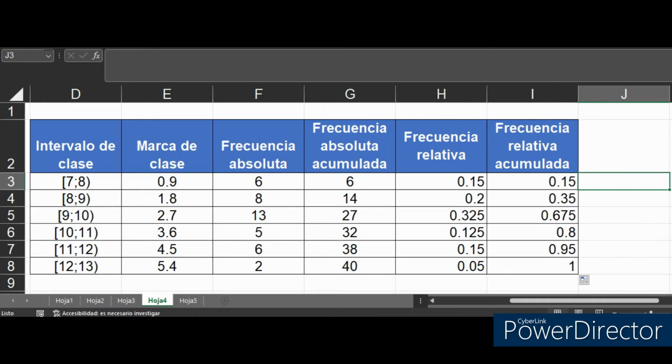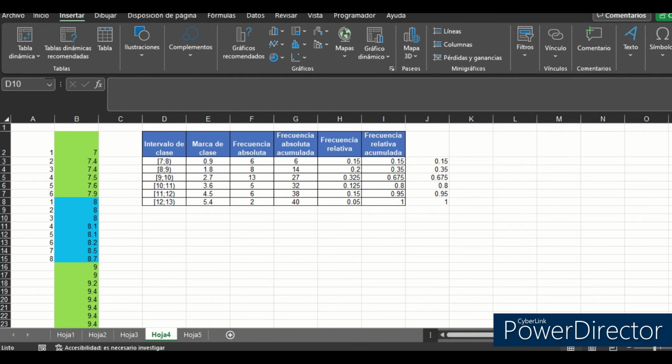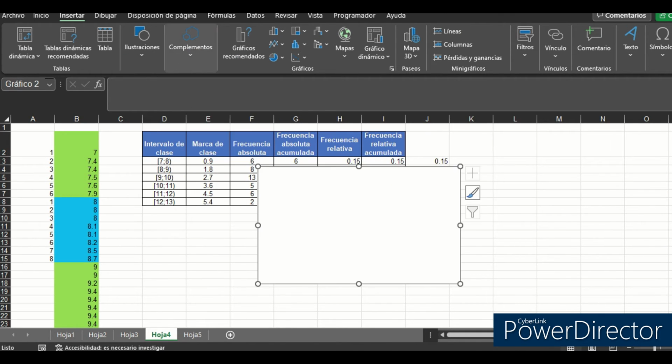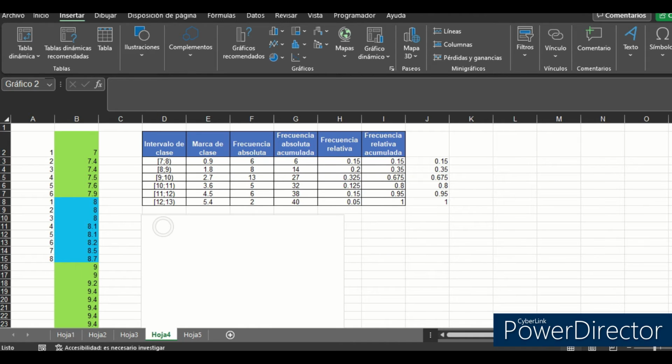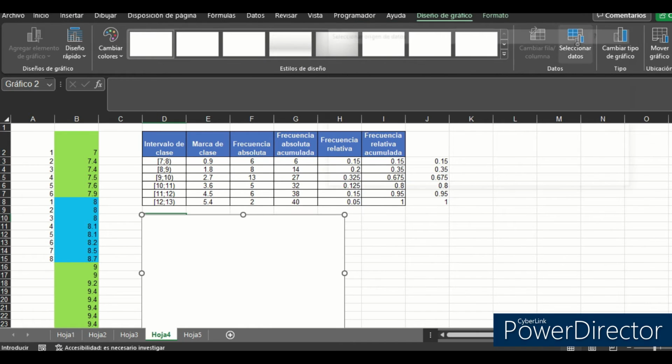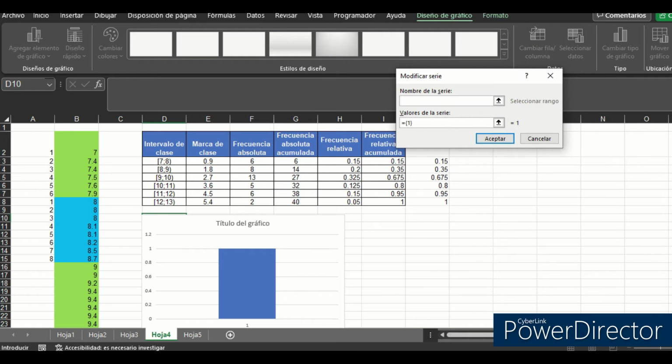For example, the first is 0.15, the second is 0.15 plus 0.2, that is 0.35. The third is 0.35 plus 0.325, that is 0.675, and so on.